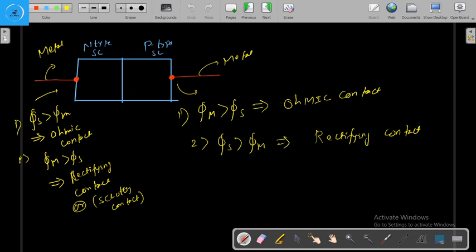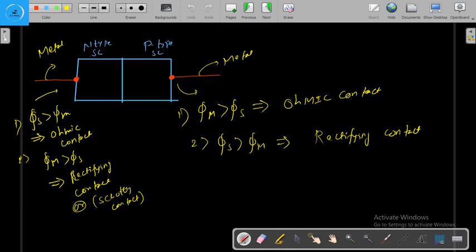For the p-type semiconductor and the metal, if phi m is greater than phi s, the contact will be ohmic, and if phi s is greater than phi m, the contact will be rectifying.